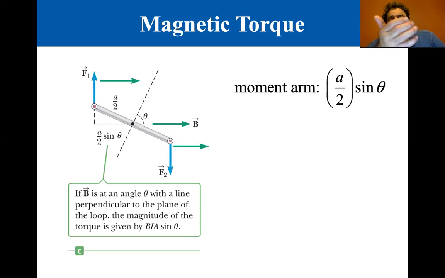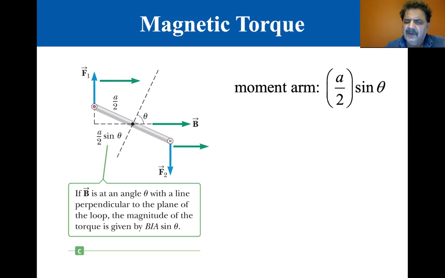It's the projection of a over 2 onto the perpendicular of the force. If B is at an angle theta with a line perpendicular to the plane of the loop, the magnitude of the torque is given by BIA sine theta.